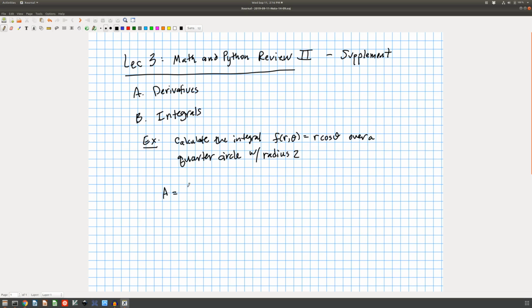Okay, so define this integral A, is what I'm going to call it, and I'm going to do a double integral. So let's draw our area over here real quick.